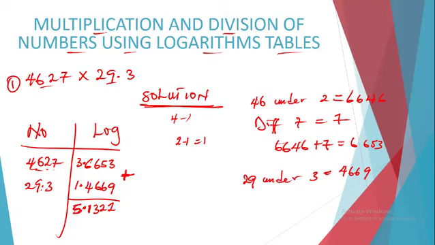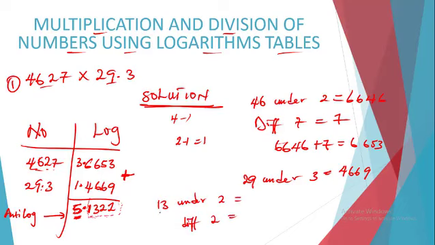And then we now look for the anti-log of this number. Okay, so we won't touch this 5. Everything we are doing is based on what we have here. So we are searching for 13 under 2 then difference 2.